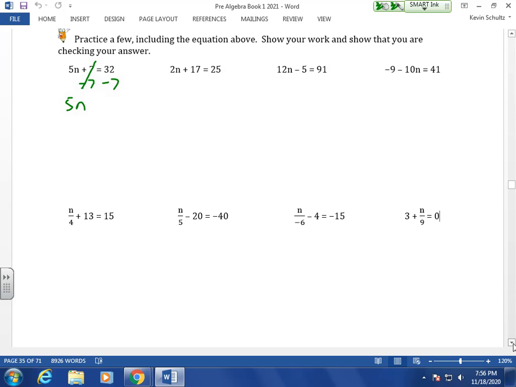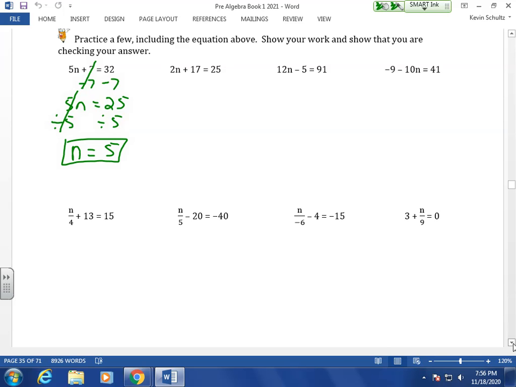We're left with 5n, and 32 minus 7 is 25. Okay? Now, to get n by itself, we'll be doing the opposite of multiplying by 5, which is dividing by 5. Cancel out, and 25 divided by 5 equals 5.